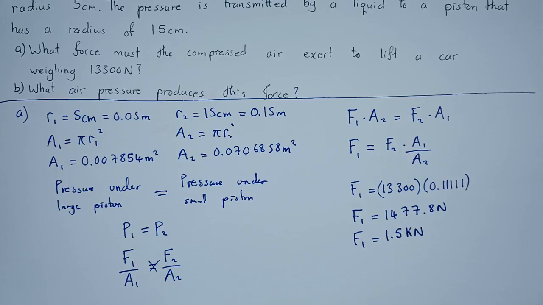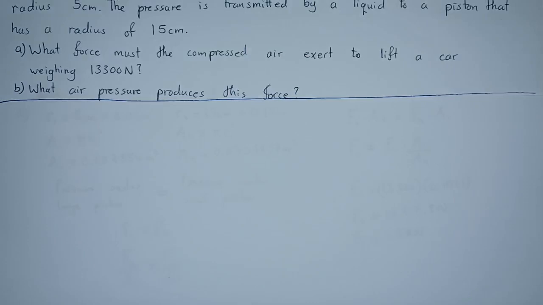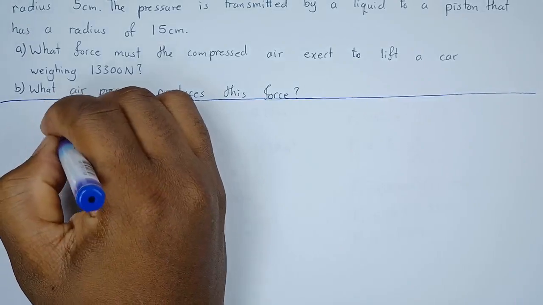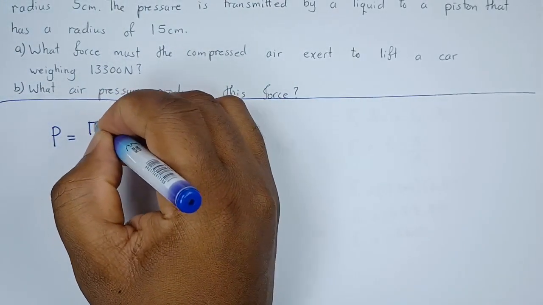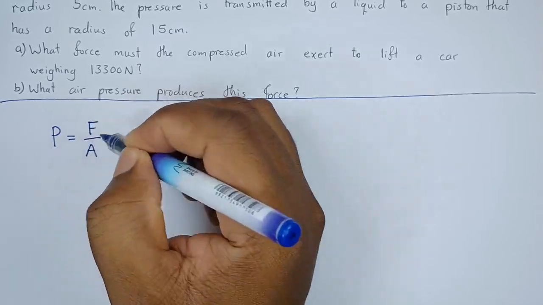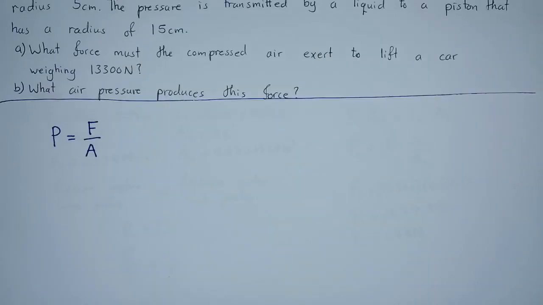Let's see how we can answer the second question, which says, what air pressure produces this force? To find this, we know that pressure is equal to force over area. Now, what force are we talking about? The question says, what air pressure produces this force?